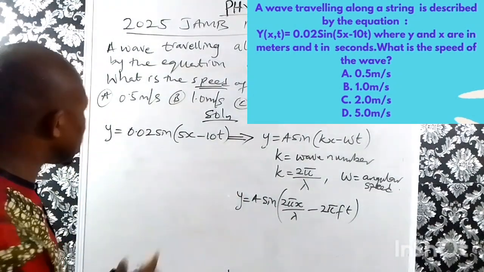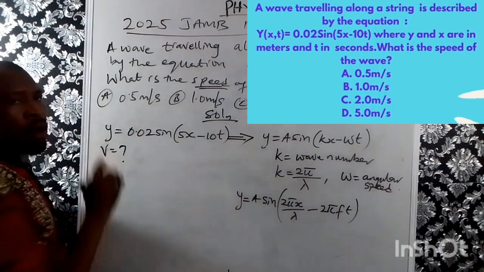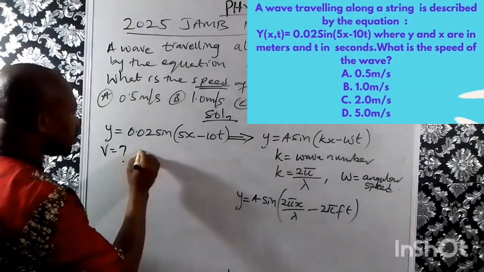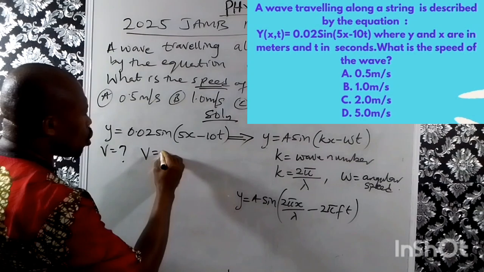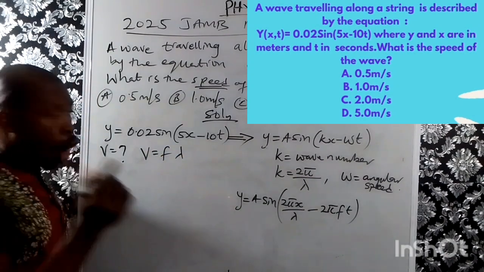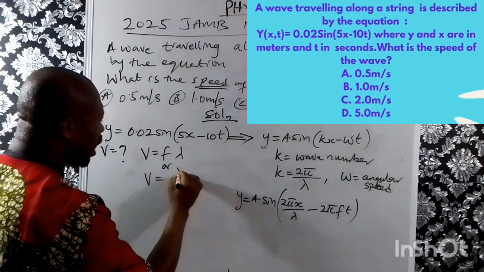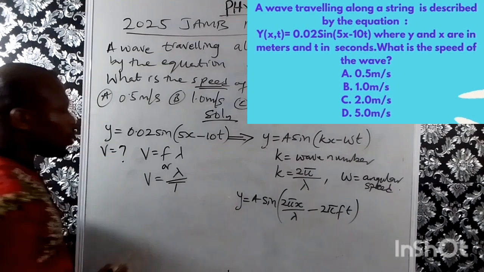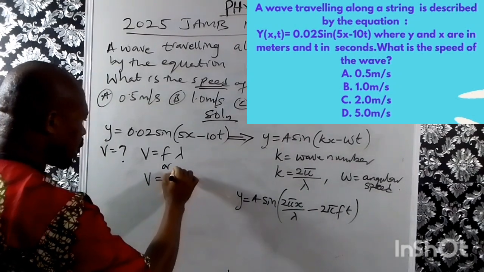Since this says find the speed, speed is what we are looking for. And of course, the general formula for speed is v is equal to f lambda, or you can say v is equal to lambda all over the period. These two formulas can go.